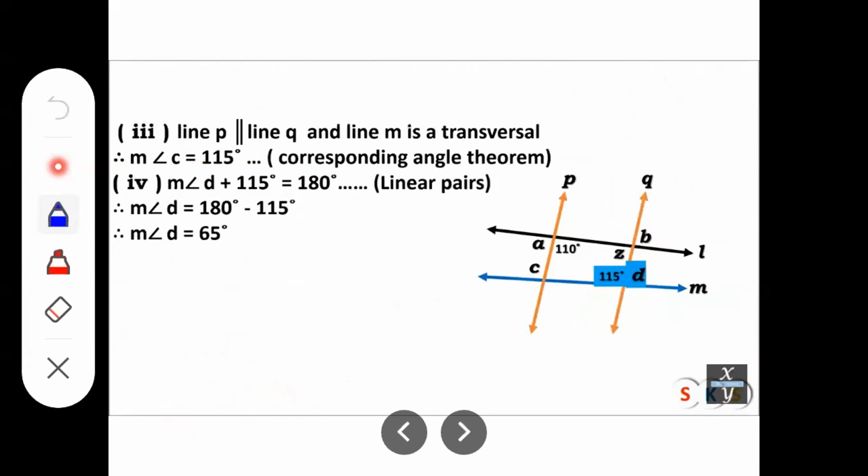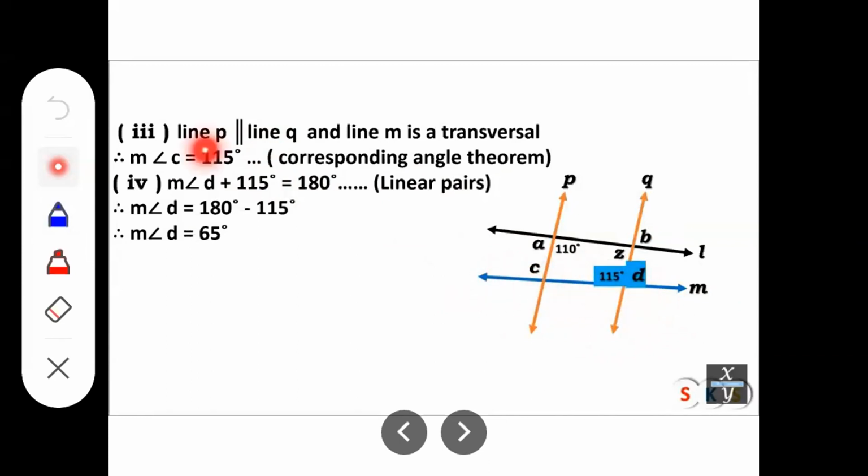Now we have to find the value of the other one, angle C. We have already discussed that angle C and this angle whose measurement is given are corresponding angles. For that, write again two parallel lines, but the transversal changes here. For angle C, M will be the transversal.